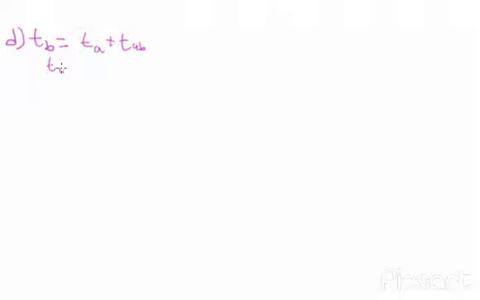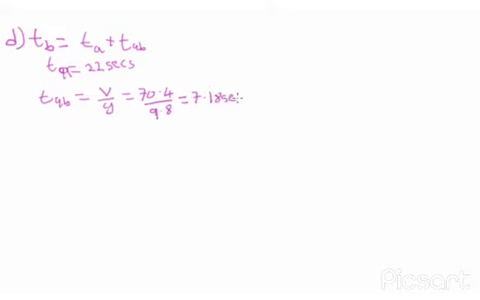We got it as 22 seconds. TA is equal to 22 seconds. But we don't know TAB. TAB can be gotten from the projectile equation, which is TAB equals V over G. So we have V is 70.4 over 9.8. If you use your calculator, you have 7.18 seconds.